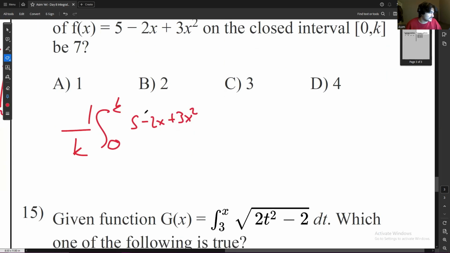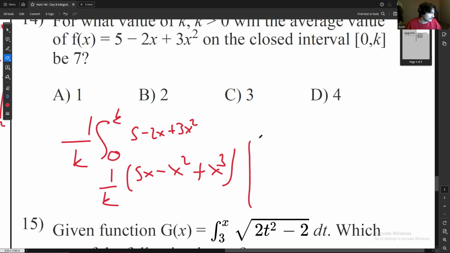So let me just integrate this. If I integrate, I get 5x minus 2x squared over 2, which is x squared, so minus x squared plus x cubed. This is our integrated version of this function. Also, you're multiplying by 1 over k, and then evaluating from 0 to k.